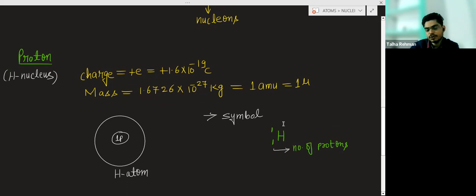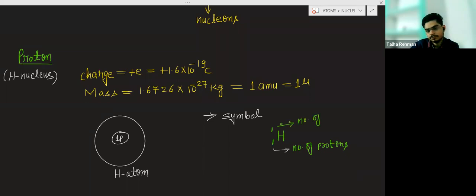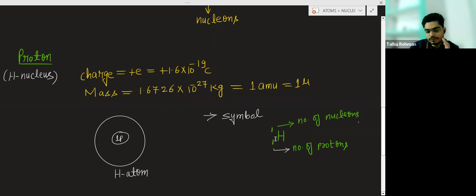This is representing the number of nucleons. So there is only one nucleon.